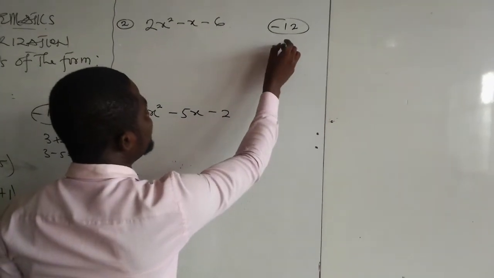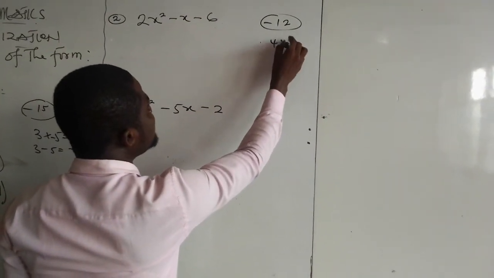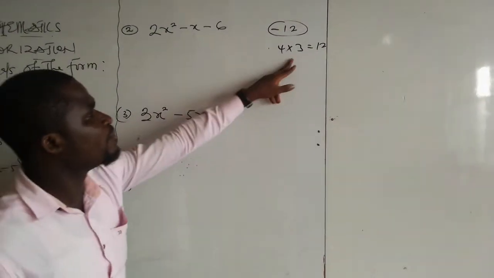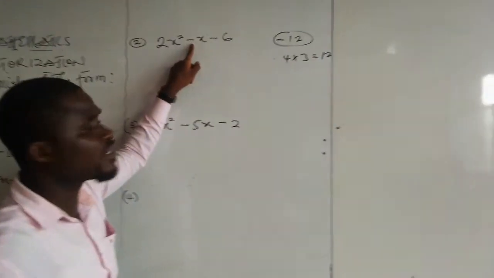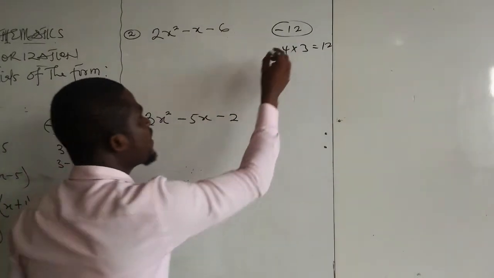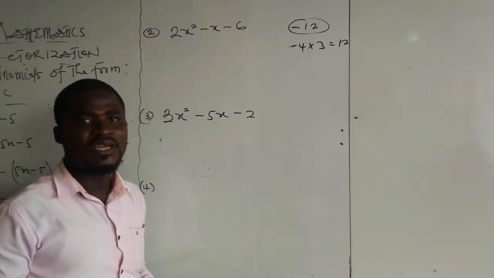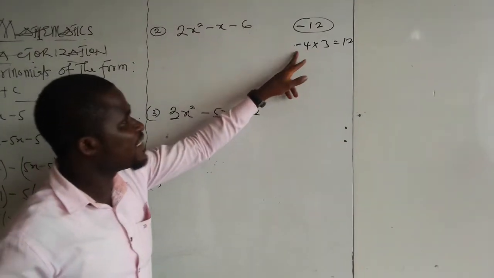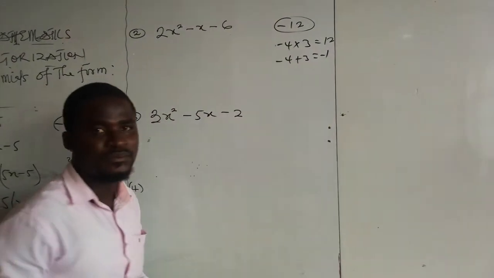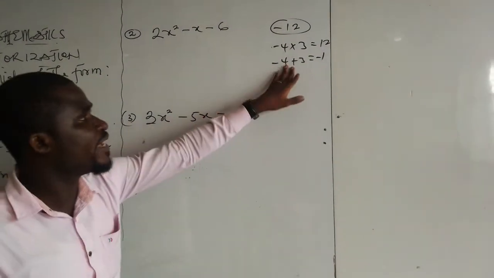We are going to have 4 times 3 will give us 12. But when you add them, it will not give you negative 1. So it means that you have to negate one of these numbers. So I have to negate the 4. So when I add negative 4 plus 3, it will give me negative 1. Good. So these are the two numbers.